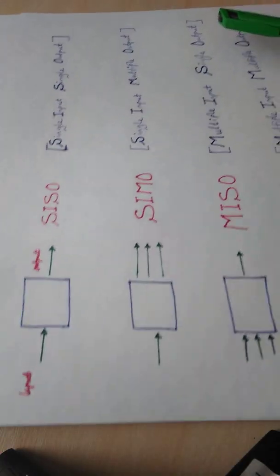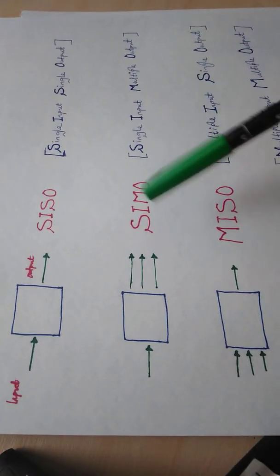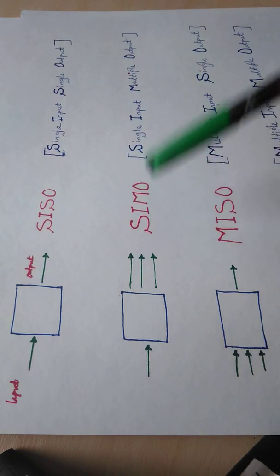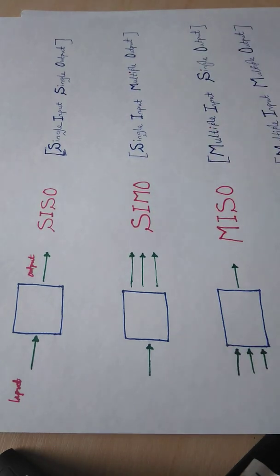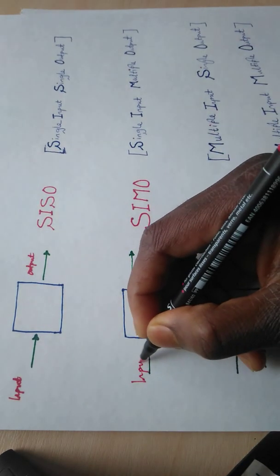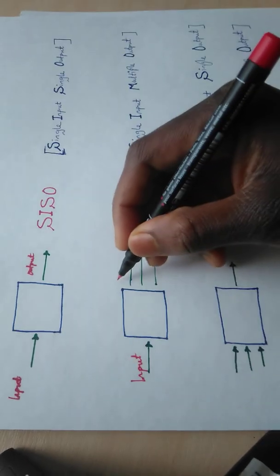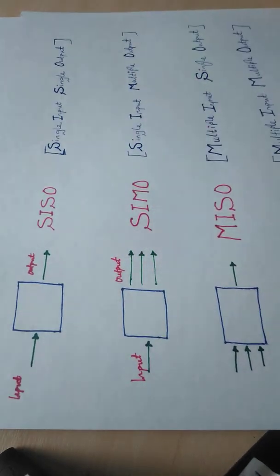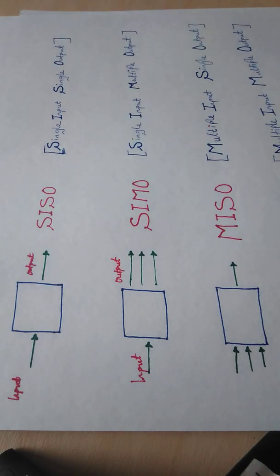Another case could be that we have a SIMO system. And in a SIMO system, what we mean is that we are having a single input and we are taking out a lot of outputs from the system.